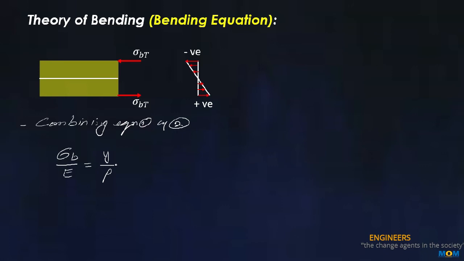Now after rewriting, we can write this as sigma b is equal to E upon rho into y. Now let's say this is equation 3.